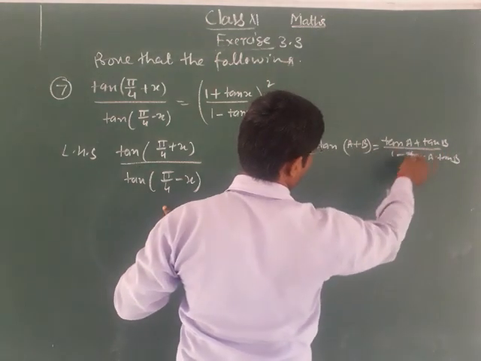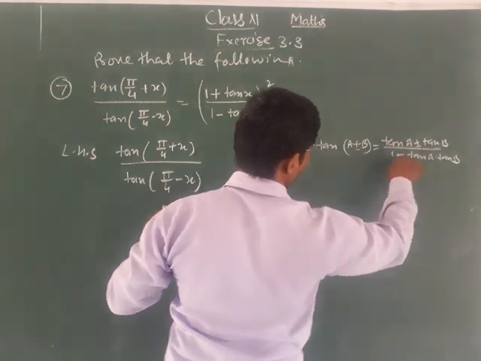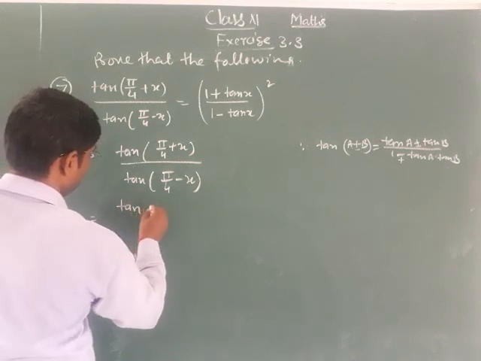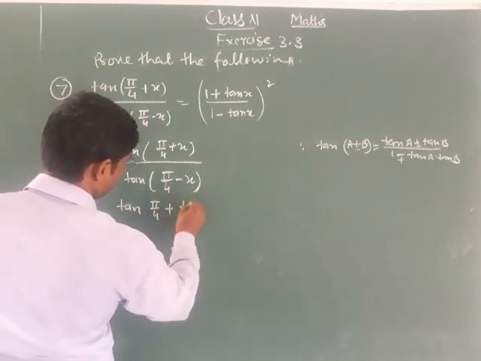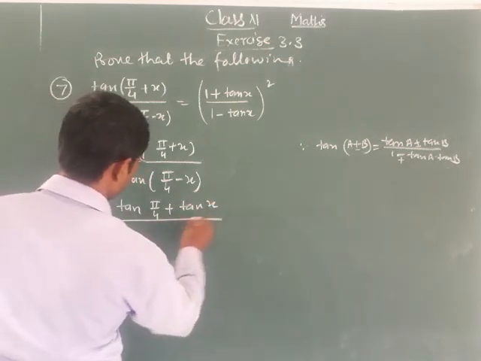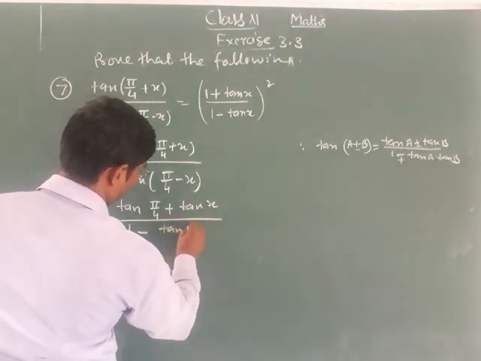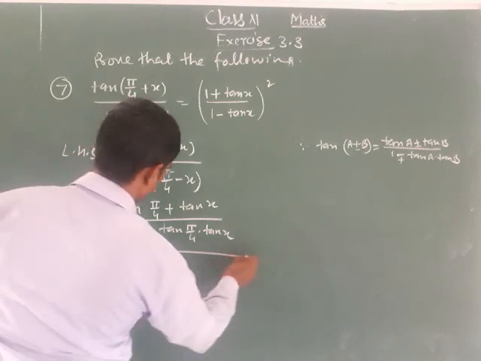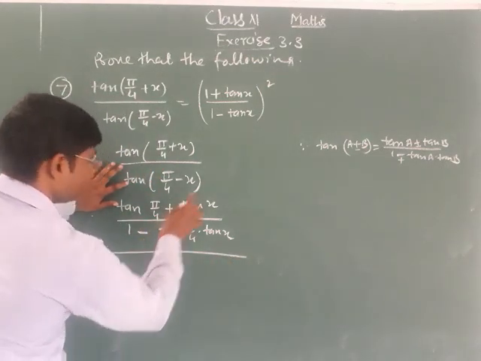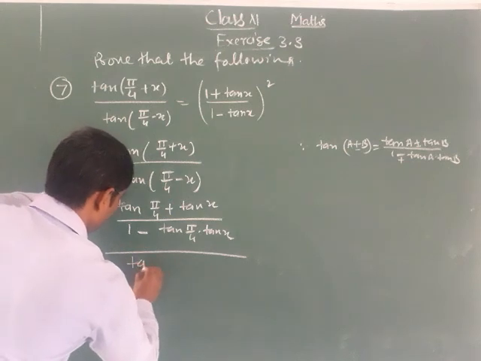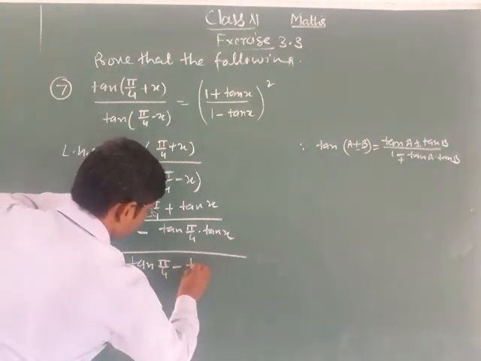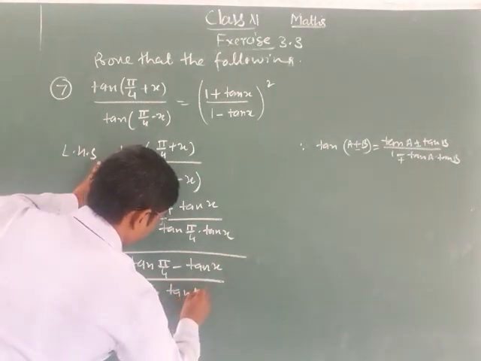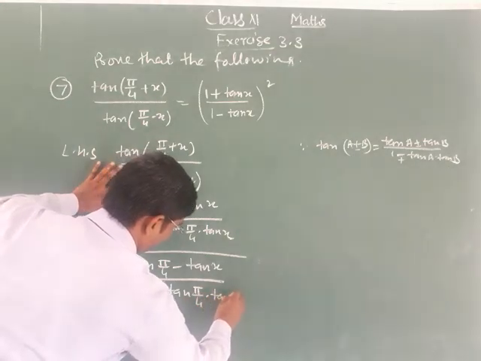So we can write (tan π/4 + tan x) upon (1 − tan π/4 tan x). Also in the denominator, expand with the formula: (tan π/4 − tan x) upon (1 + tan π/4 tan x).